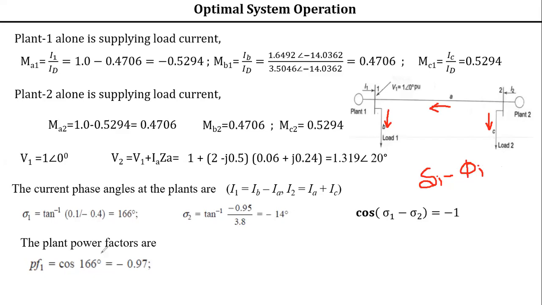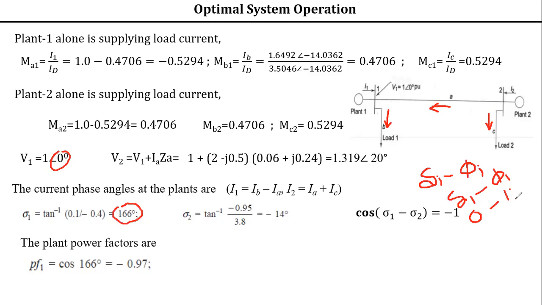So for the first one, for cos phi 1, this will be delta 1 minus phi 1. Delta 1 is the voltage angle at bus 1. What is the angle? 0. So it will be 0, minus, what is phi 1? The load angle. What is the load angle we got? 166.